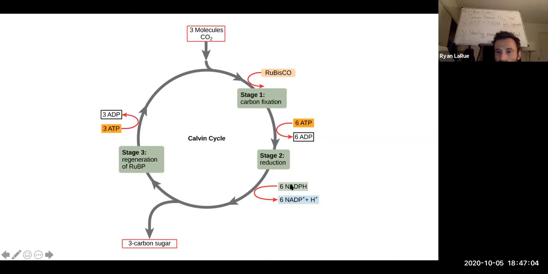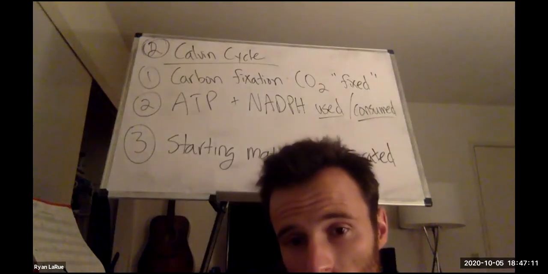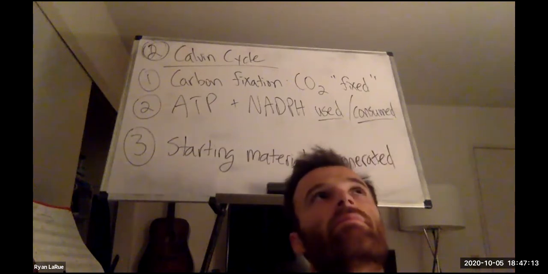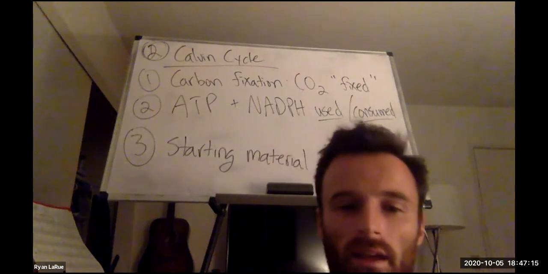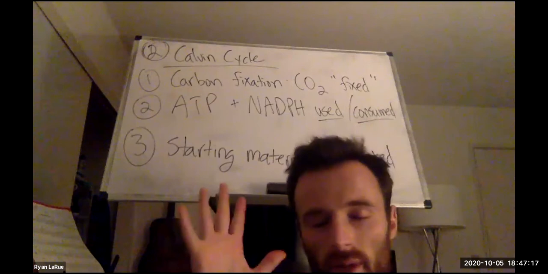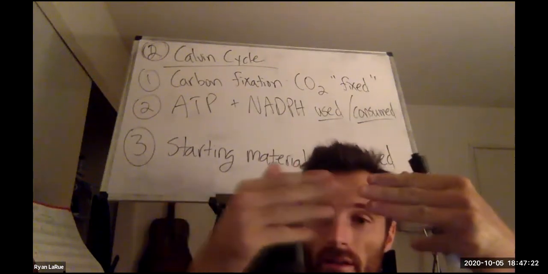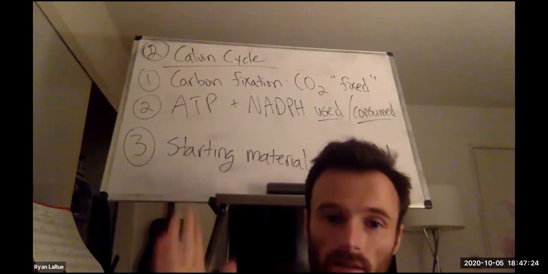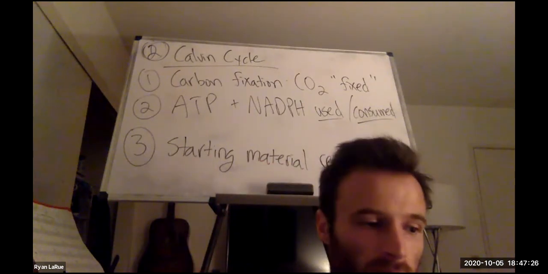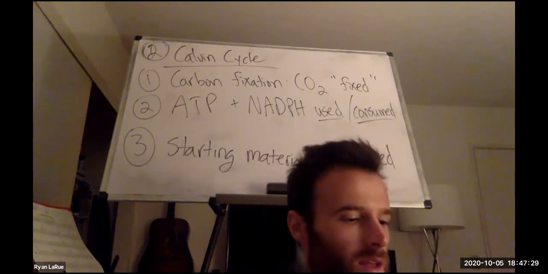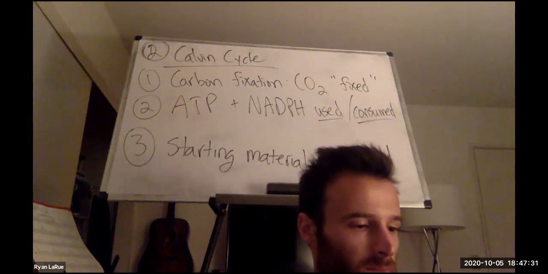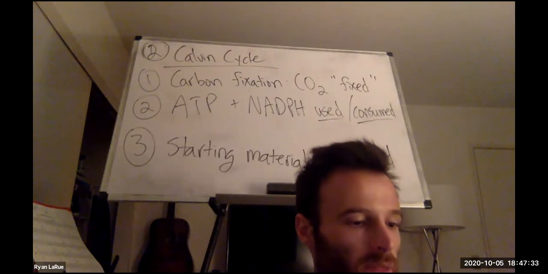But using NADPH and ATP in this second stage, we generate a 3-carbon sugar, phosphoglycer-something. Glyceraldehyde 3-phosphate, G3P. But you don't have to know that.